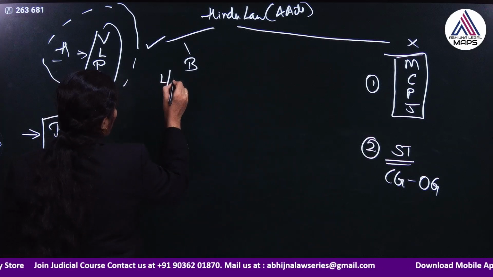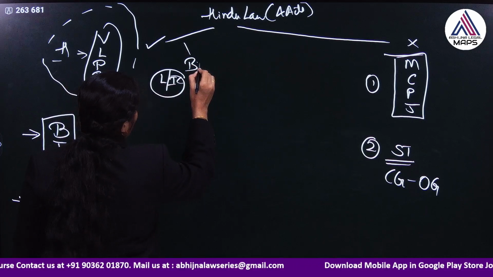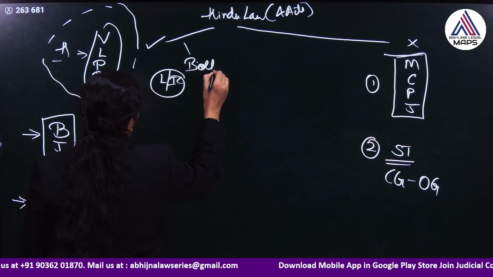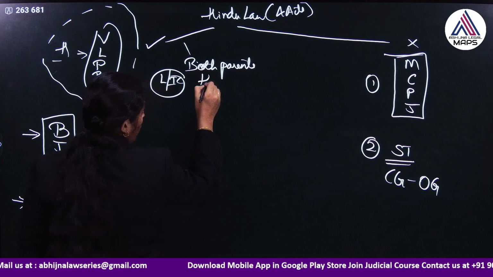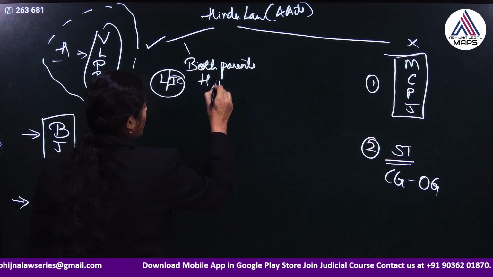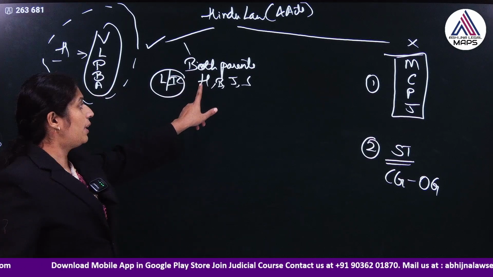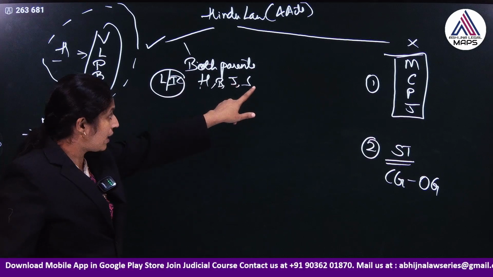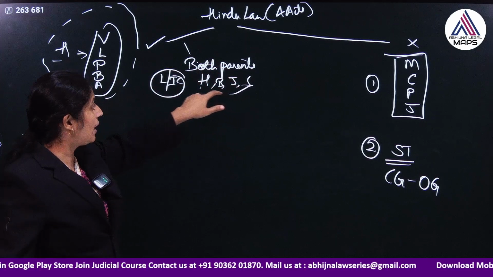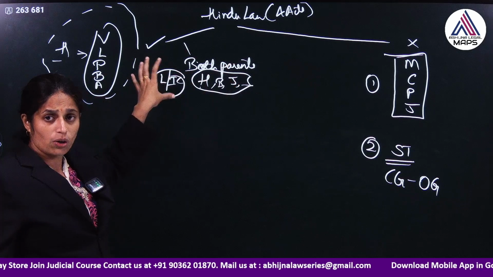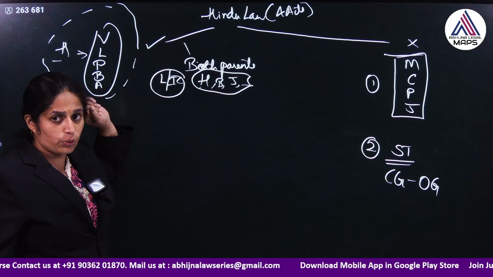If by birth both the parents belong to the Hindu religion or Buddhism or Jainism or Sikhism, whatever it is, maybe the father could be Hindu and the mother Jain, or the mother Sikh and the father Buddhist, it could be any category, but if they come under any of these categories, then we can call the child a Hindu and Hindu law is applicable to them.